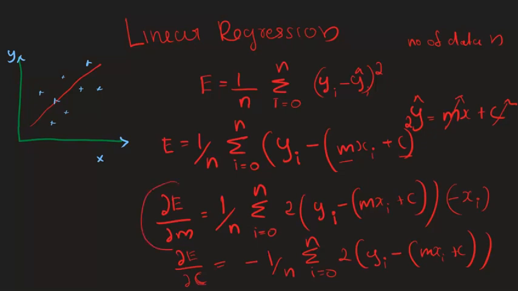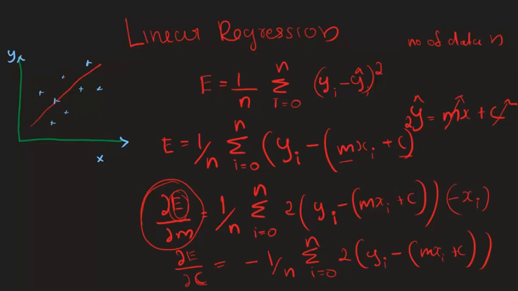What the partial derivative basically gives is the direction in which we can increase the error, in terms of m. If you want a visualization of that, please comment below.